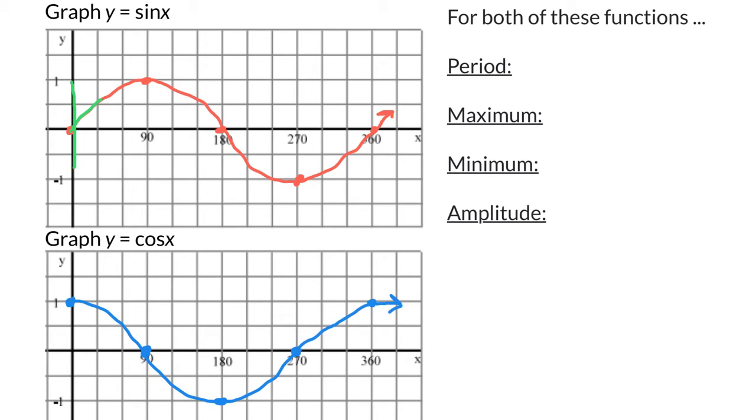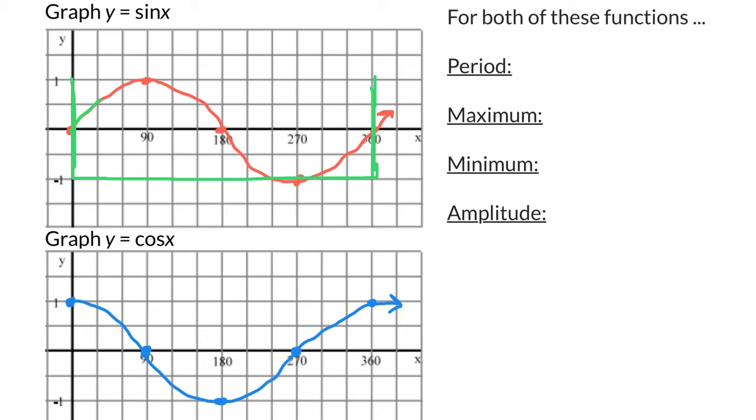So I need to find the point where the curve starts at 0 and goes up again. And you can see that happens at this point. So the period starts at 0 and goes all the way to 360 degrees.